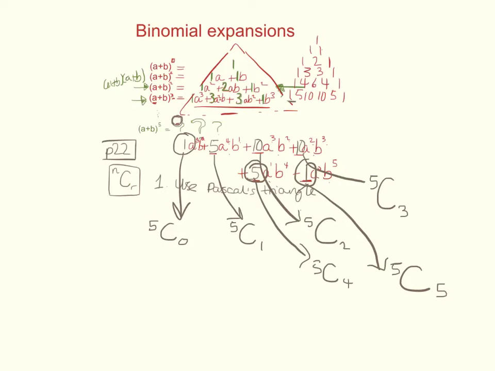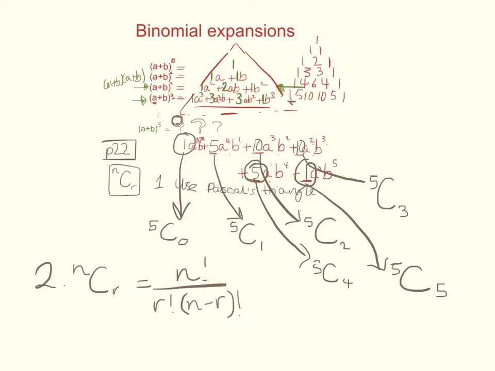Looks a bit weird. So 2 other methods you need to know. Firstly, the formula nCr equals n factorial over r factorial times n take r factorial.